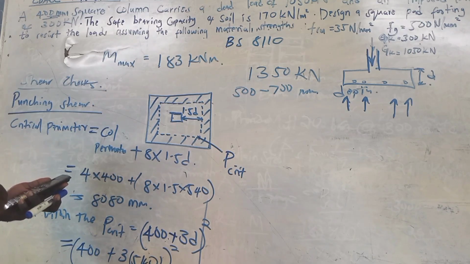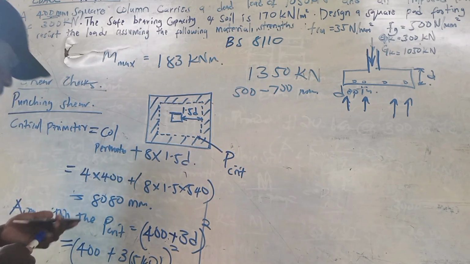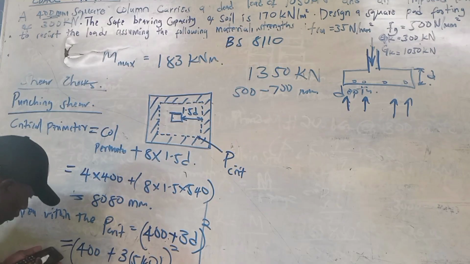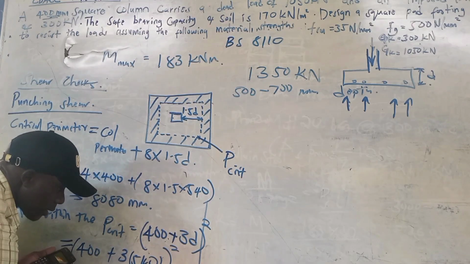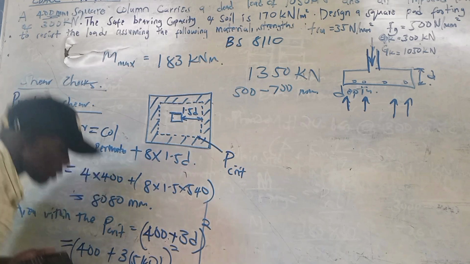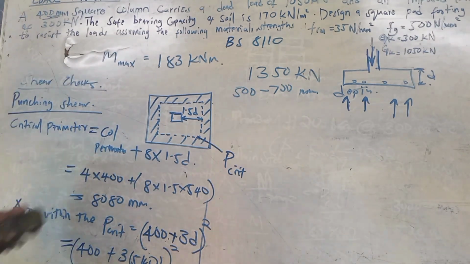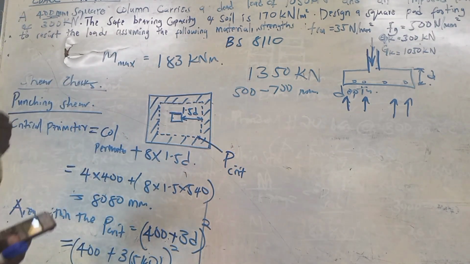It gives you a value close to 4.08 times 10 raised to power 6 millimeters squared. So the units are in millimeters squared.